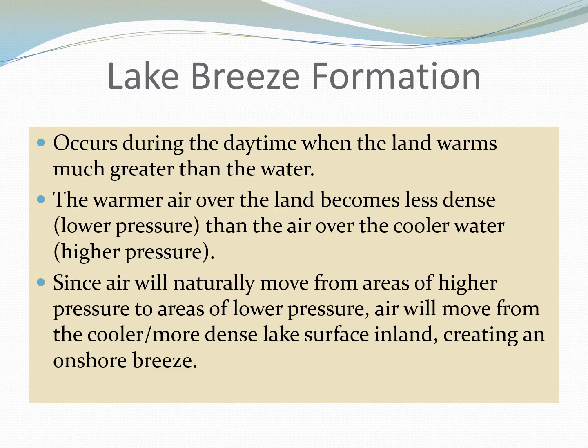What happens is that the daytime heating warms the air over the land and makes it become less dense, meaning the pressure is lower than the air over the cooler water. Since air will naturally move from areas of higher pressure to areas of lower pressure, the air will move from the cooler, more dense lake surface inland to the warmer, less dense air mass over the land, which creates an onshore breeze.